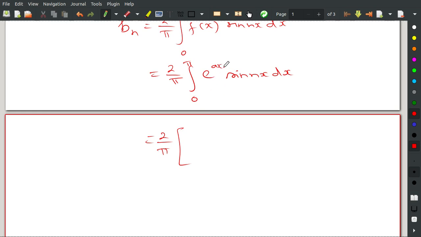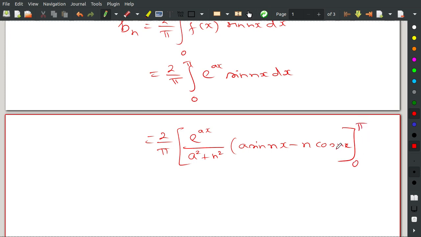You have to memorize it for e power ax sin nx as well as for cos nx. The standard integral is e power ax divided by a square plus n square, times a sin nx minus n cos nx, and we have our limit 0 to pi.